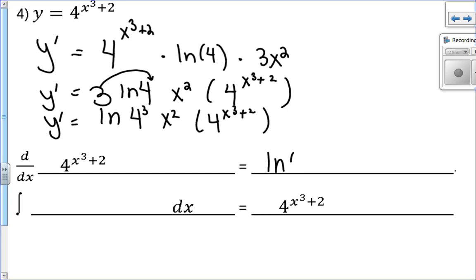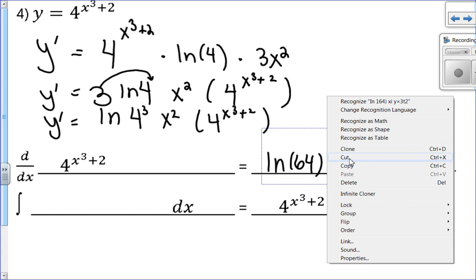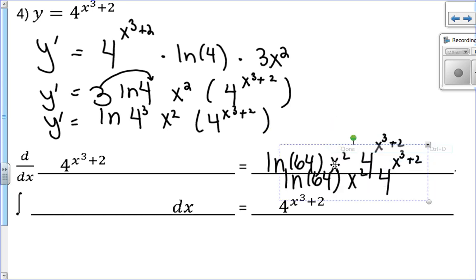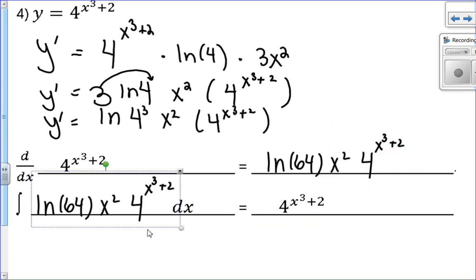So this would be ln 64, x squared, 4 to the x cubed plus 2. Again, since integrals or antiderivatives are the reverse of derivatives, we will say that the integral of this function dx is equal to the original function plus c, plus the constant of integration.